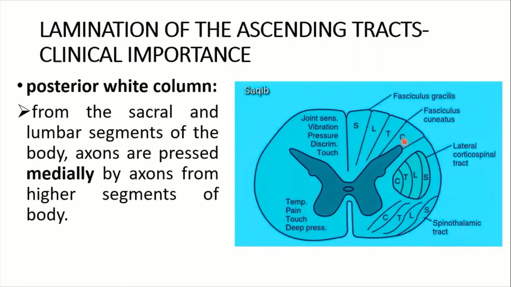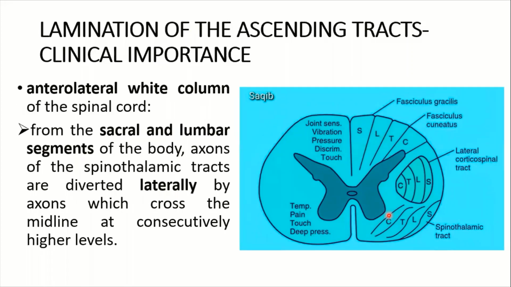Whereas in the spinothalamic tracts, the sacral and lumbar axons are diverted laterally, so they lie laterally, and the upper cervical segment lies on the medial side in this posterior column.